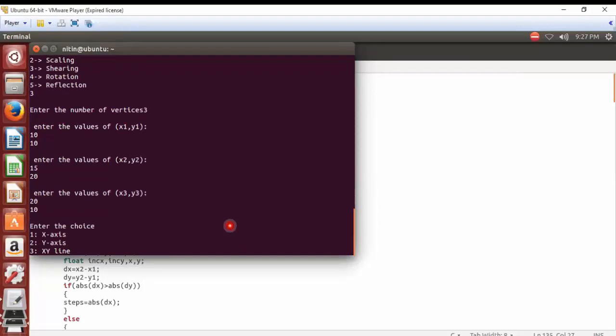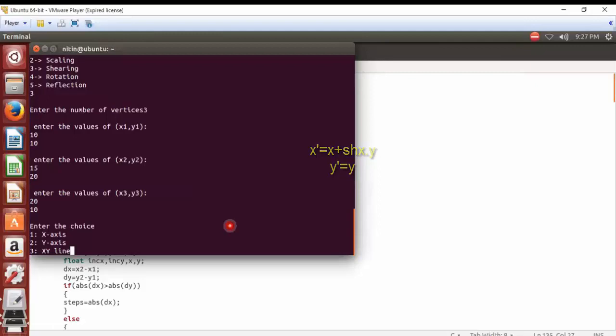First, we are going to distort the shape of an object with only x shear. So x values will get new values as x dash, the new x value, equal to x plus shx, the factor which we are going to give as input for x shear, into y. So x dash is equal to x plus shx into y, and the y values will remain same in x shear.